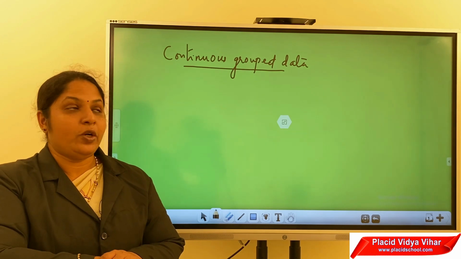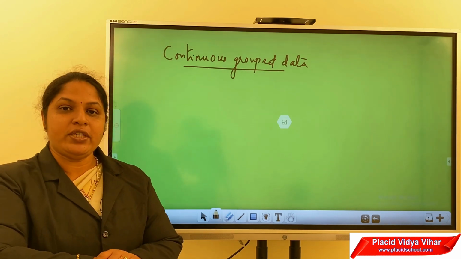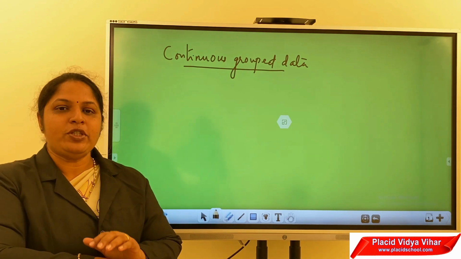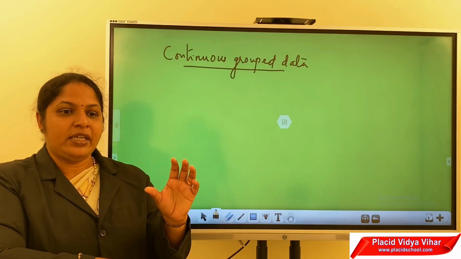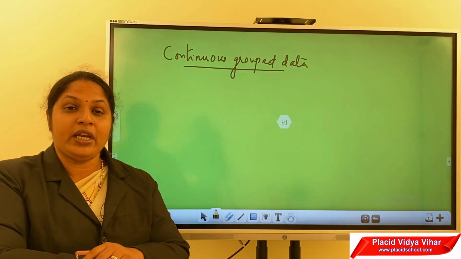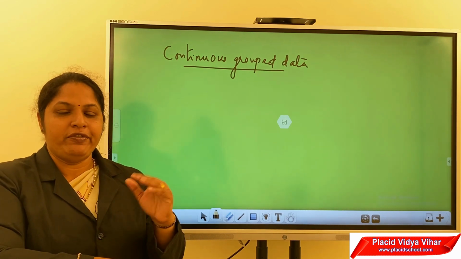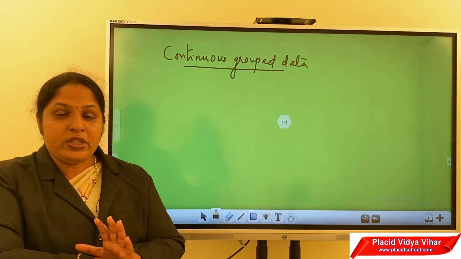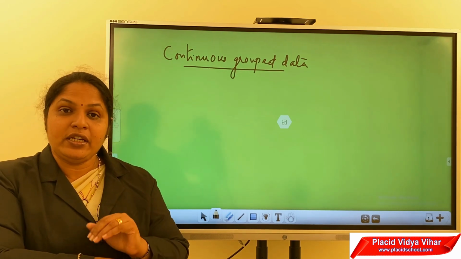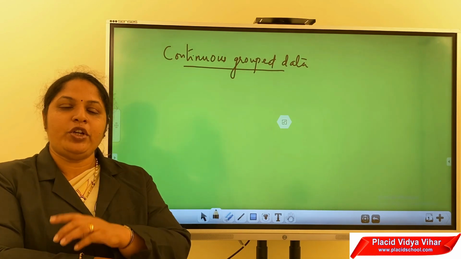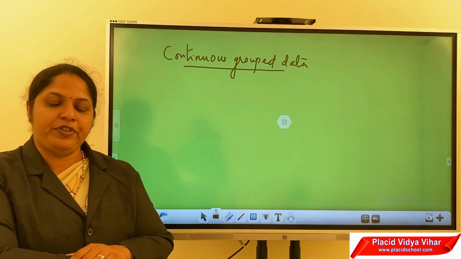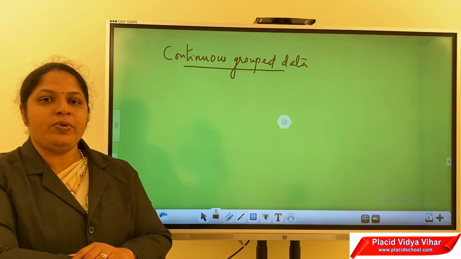Now we will learn about continuous grouped data. What is continuous grouped data? In class 10, while drawing histograms, you might have come across data including class intervals, that is from 0 to 5, 5 to 10, 10 to 15, like that. Those types of data in which class intervals are involved and their corresponding frequencies are given along with the class intervals are known as continuous grouped data.